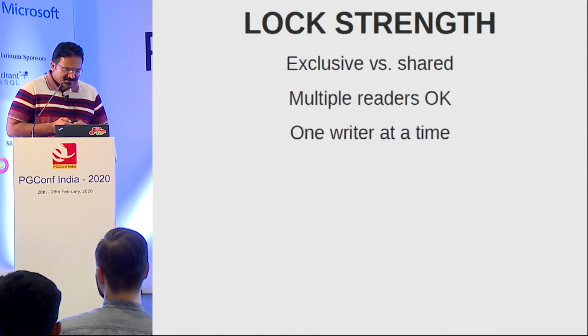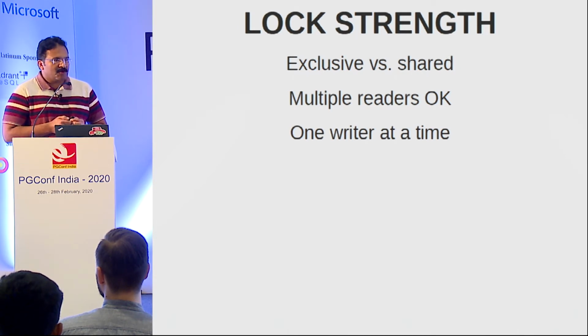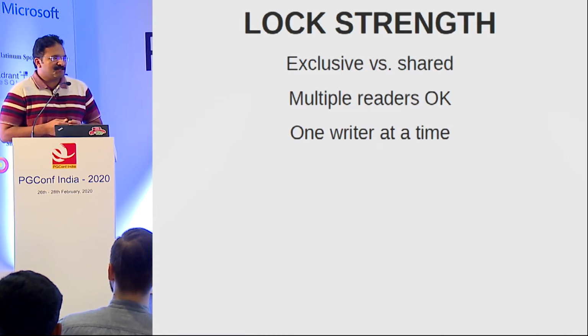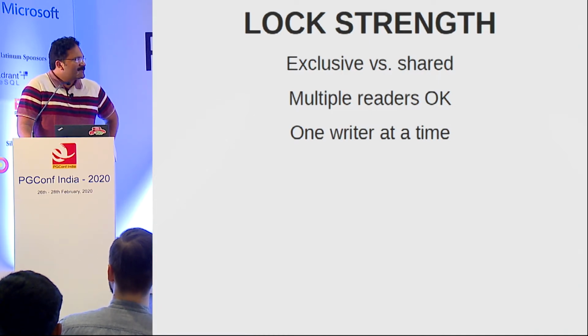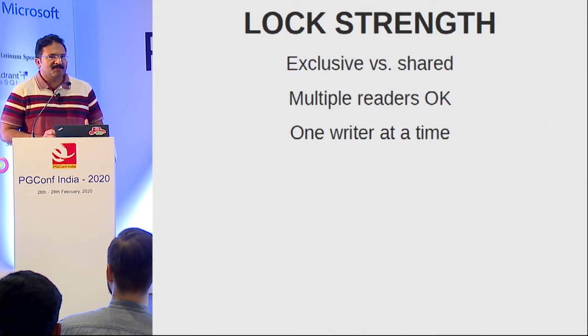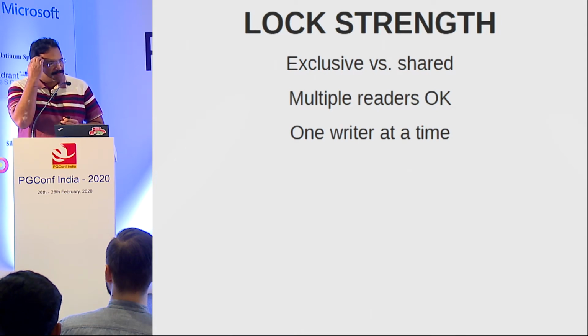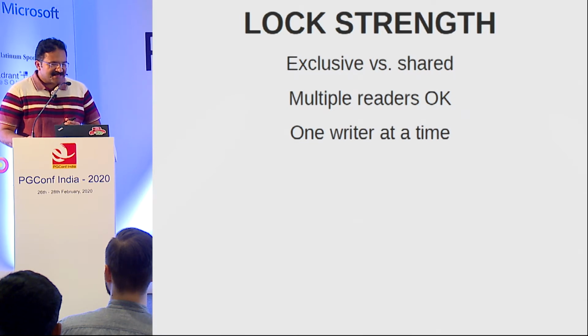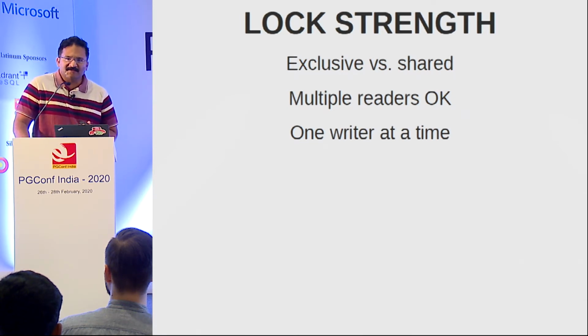Another aspect of locks in general is how strong they are. And this is somewhere where real-world analogies start to break down. In Postgres in particular, because of the MVCC model that we use for heap data, it's possible to support multiple readers. So you can have several processes selecting from the same table and they don't interfere with each other.